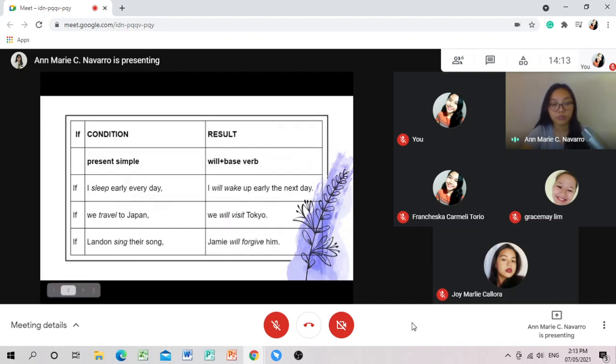Just remember that it is if plus present simple, comma, then will plus base verb.